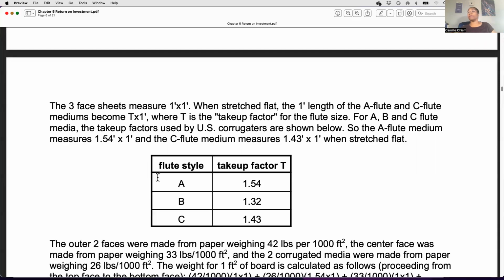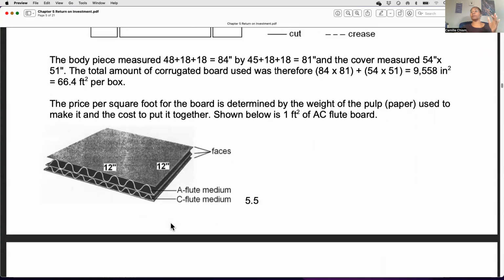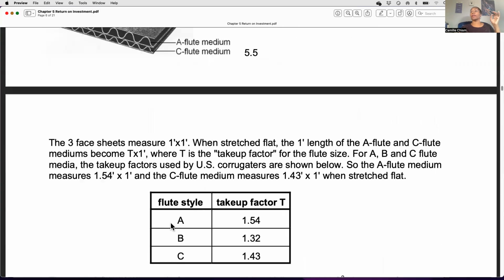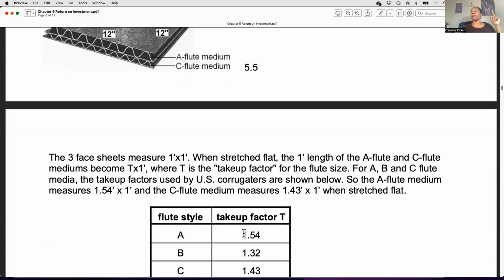So for example, your A flute, when it's in the corrugated form, it's going to look like the square foot right here, right? I'm sorry, it's 12 inches. But you multiply that 1 foot of length here by 1.54.